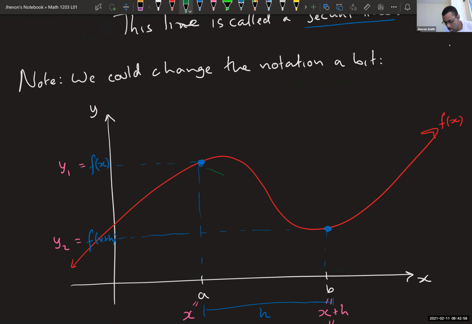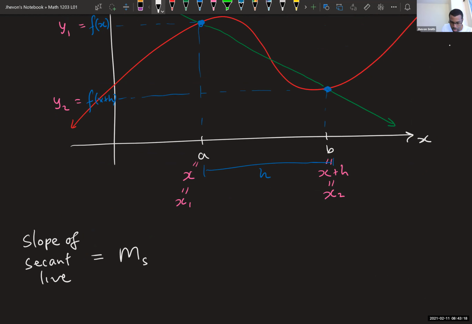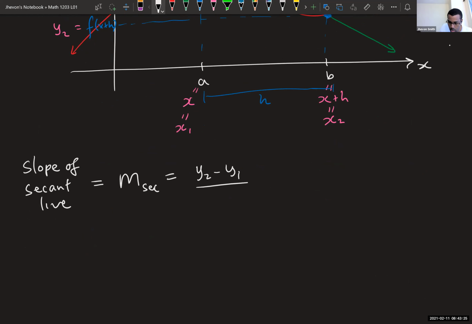Now, I messed up the sound. Okay. So now when I find the slope with this formula, let's say the slope of the secant line, let's call it m sub secant now, is going to be y2 minus y1 over x2 minus x1.